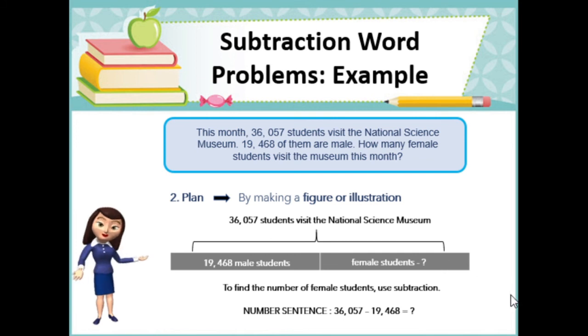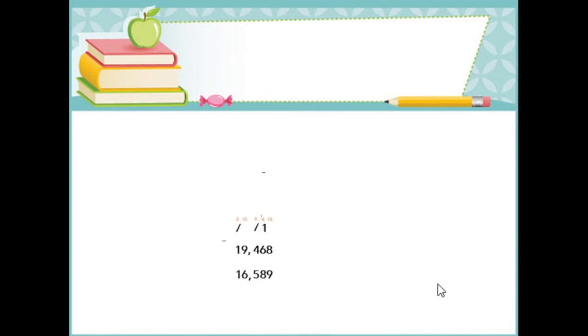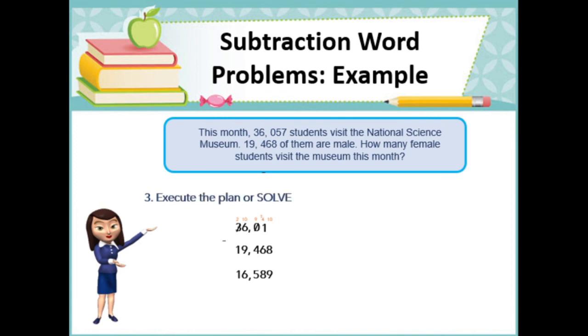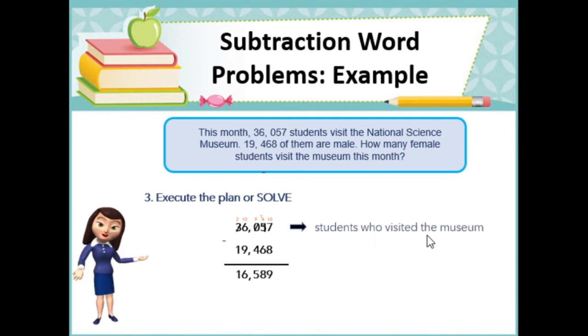Next, after we are done planning, we can now already have number 3, or execute the plan or solve. Need to look for the answer. And you just perform the subtraction process and we get here 16,589. 36,057 is the number of students who visited the National Museum. 19,468 of them are male.